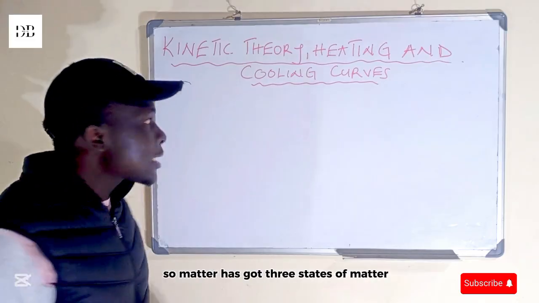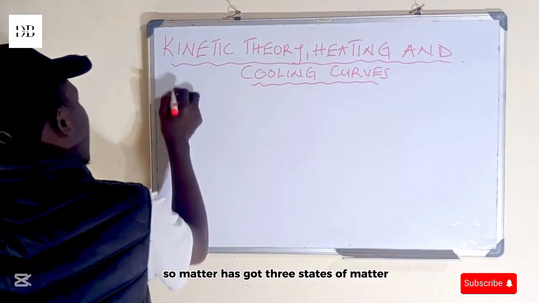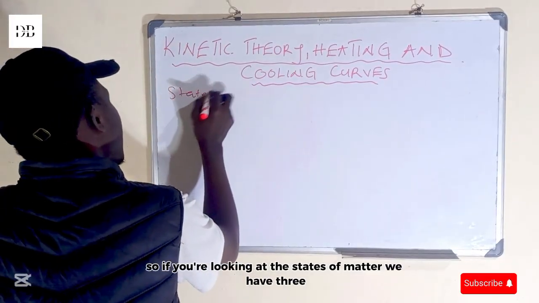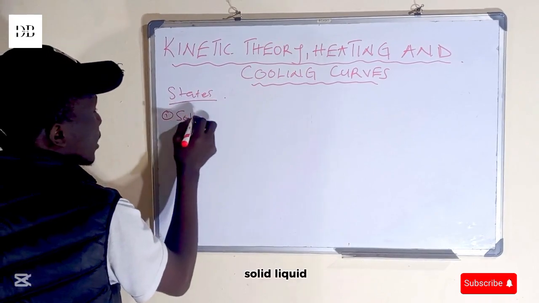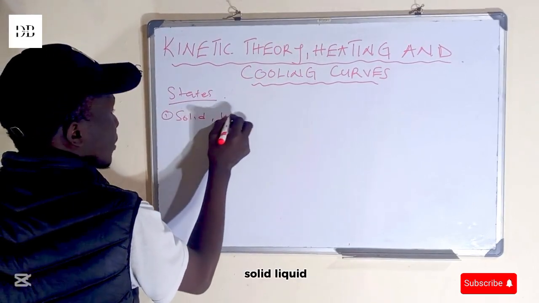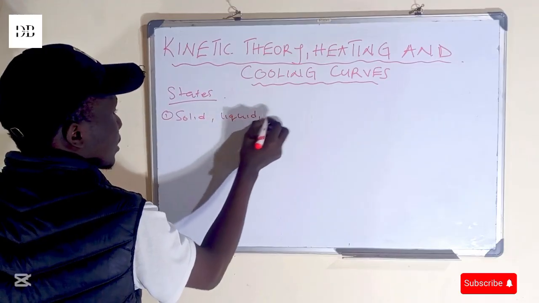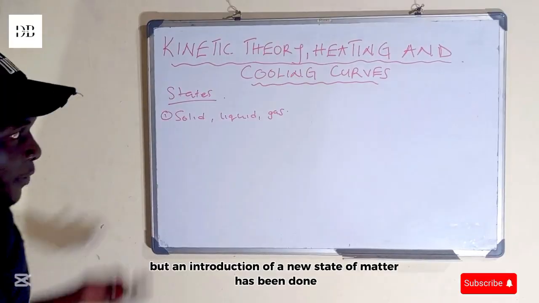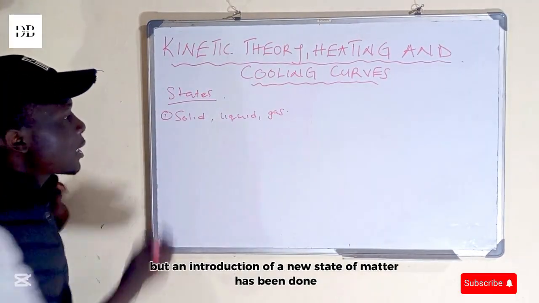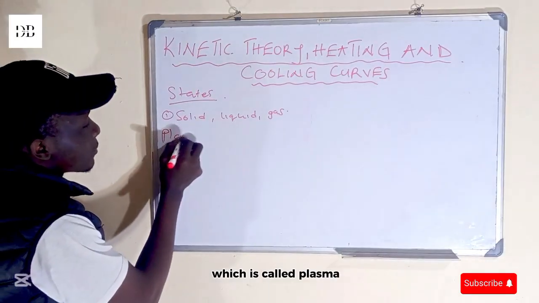So the three states of matter are solid, liquid, and gas. But an introduction of a new state of matter has been done, which is called plasma.